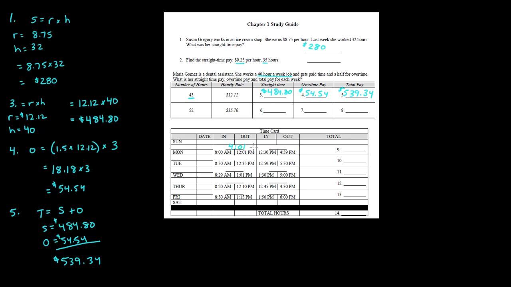If I started work at 12:30 and I ended work at 4:39, I go from 12:30, 1:30, 2:30, 3:30, 4:30. So I'm at 4 hours plus those 9 minutes. So it's 4 hours and 9 minutes. So now for the total number of hours I worked that day, I take my 4 hours and 1 minute and I add my 4 hours and 9 minutes, and that gives me 8 hours and 10 minutes.